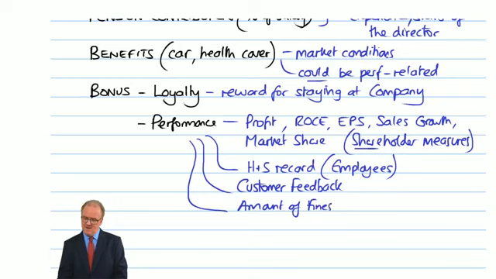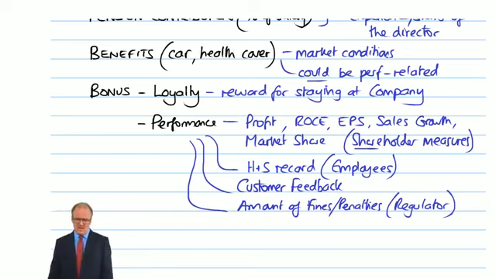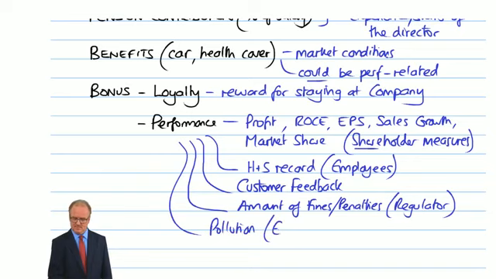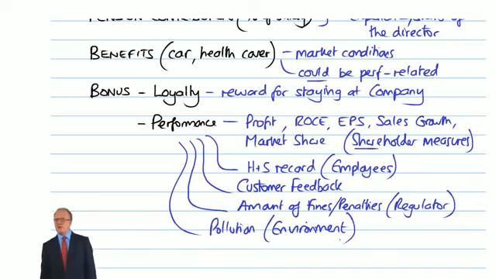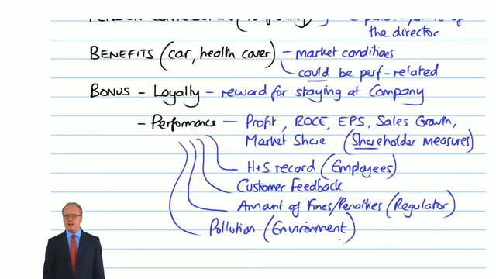The amount of fines and penalties that have been paid. So there, the stakeholder you're looking at is regulatory stuff. You could do it based on pollution levels, which obviously is looking at the environmental stakeholder. The fact is, you can choose whatever you like.